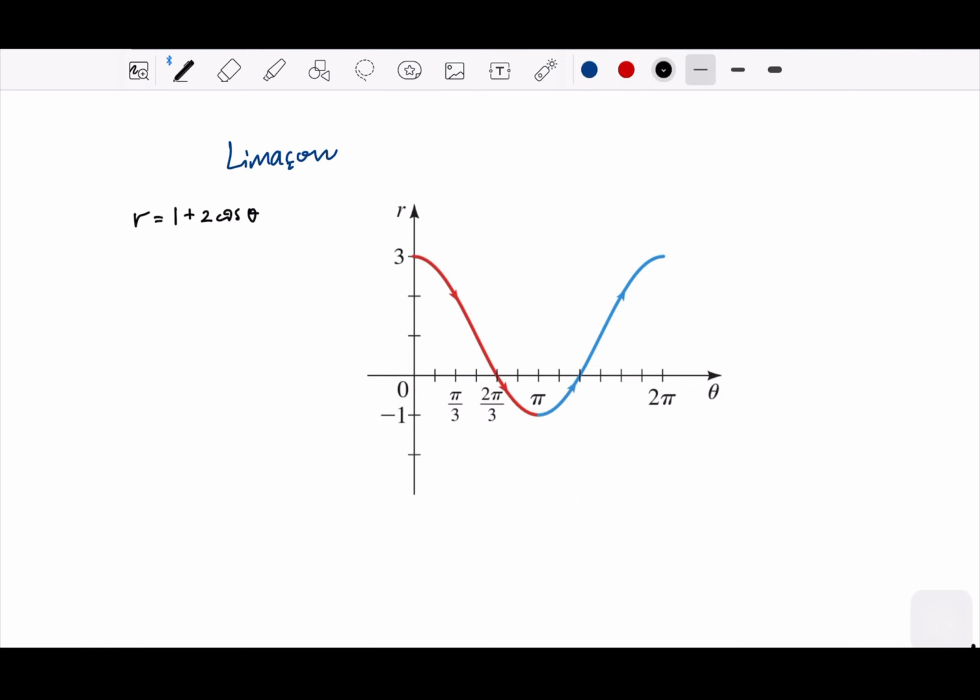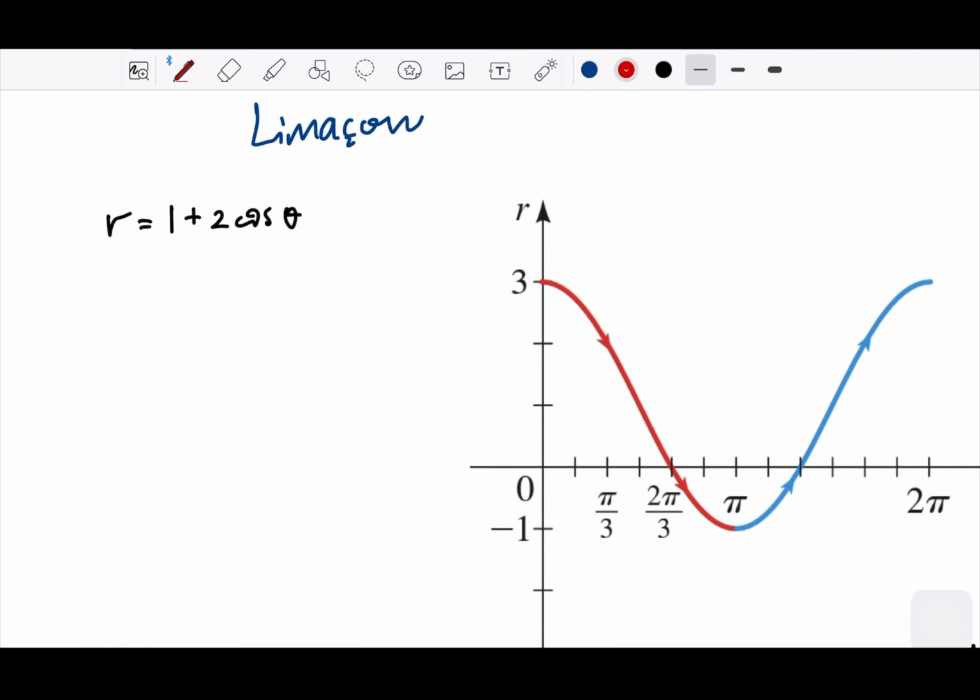In rectangular, we have these relations between r and theta. We take theta 0, and we know that it's 1 plus 2, so it's going to be 3. And then at cosine pi, which is negative 1, it becomes negative 2 plus 1, so it's negative 1.